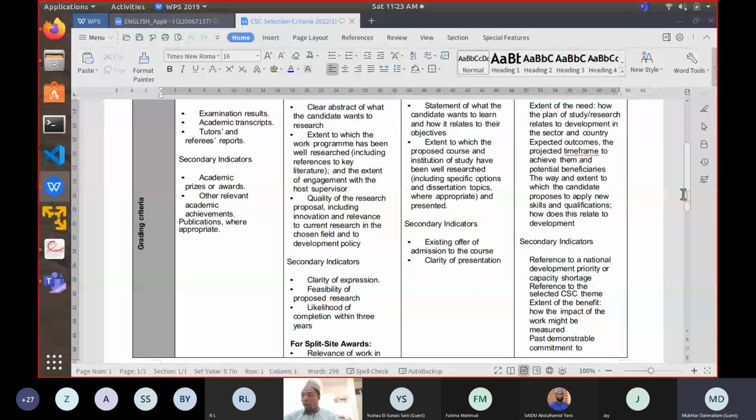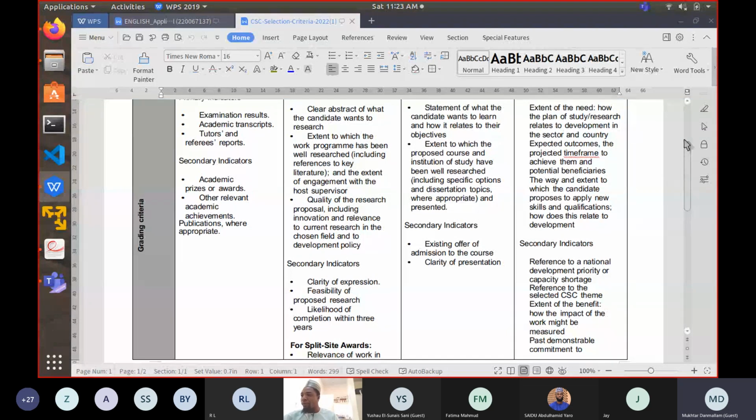Another one is the years of completion: can the research be completed within the three-year period, or, if you are on the split-site award, which is one year, how possible is it that you can carry out your research within that one year?